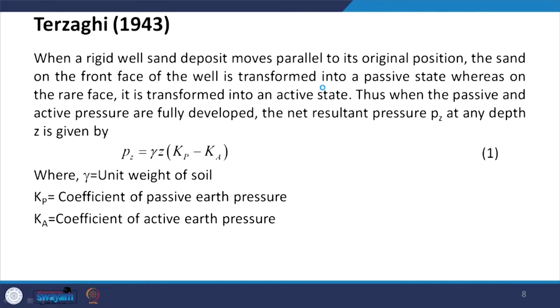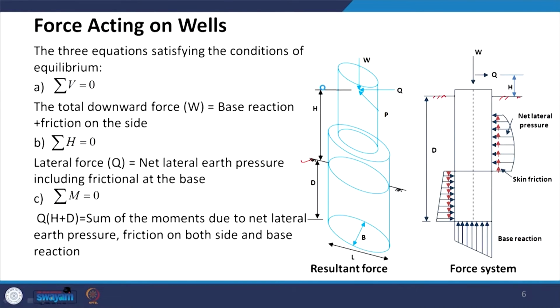Suppose, as you see here in this case, if the pile moves in this direction, the soil here will be pushed and passive resistance will develop in this soil, while active resistance will develop on the other side.